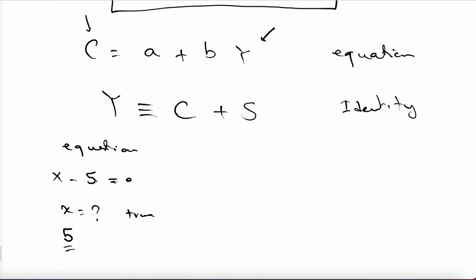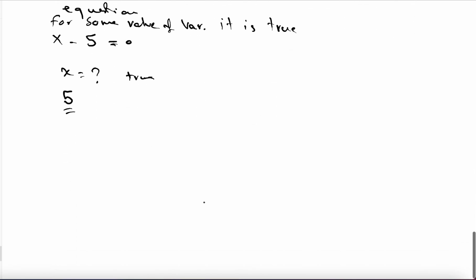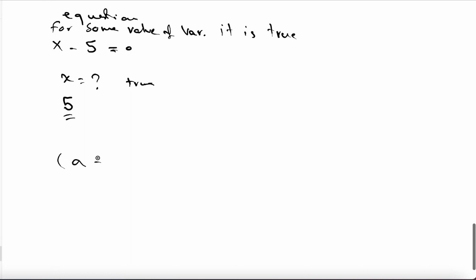So an equation is true for some values of the variable. For an identity, an example is (a plus b) squared equals a squared plus 2ab plus b squared, and we use the triple line here. No matter what number you give to a and b, it is always like this. This is what we call an identity.